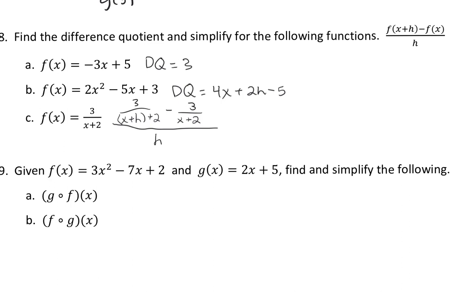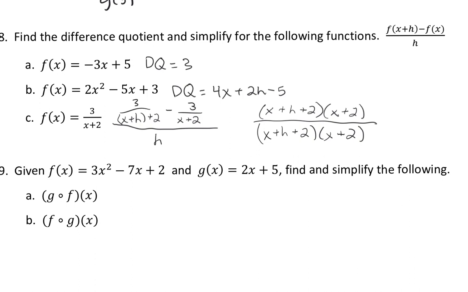So what's going to be the common denominator for these is going to be x plus h plus 2 times x plus 2. So that's our least common denominator. And so what we're going to do is multiply this difference quotient by our least common denominator over the least common denominator. And we have to do this so that we're not actually changing the value of this expression.